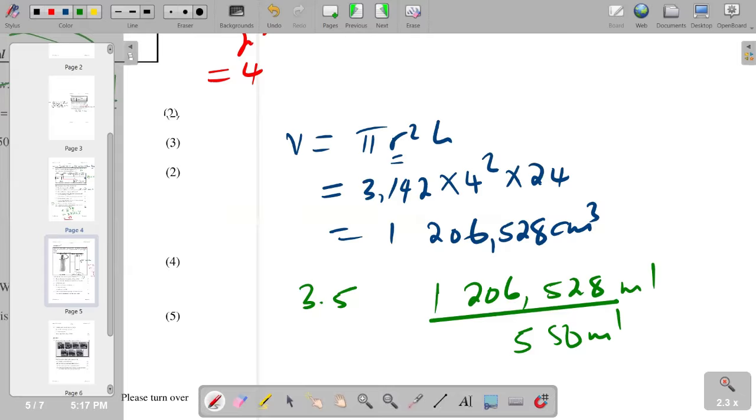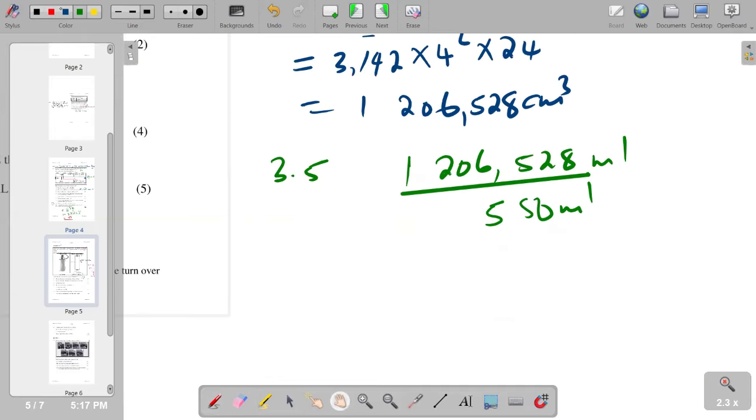So if we divide by 550 milliliters, you're going to get 2.19368 7273.